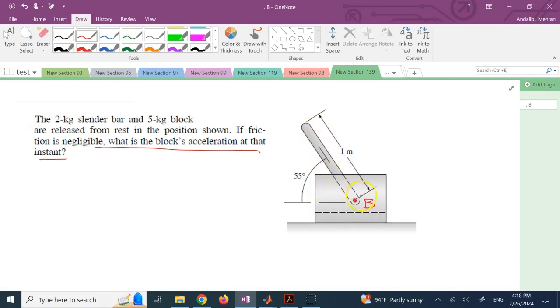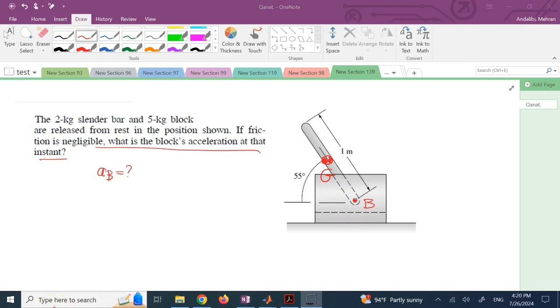It's the pendulum that you can treat like a rigid body. And this is the centroid of the pendulum, which you might call point G, assuming that it's midway and the bar is homogeneous. So the goal is basically to find the acceleration of point B.